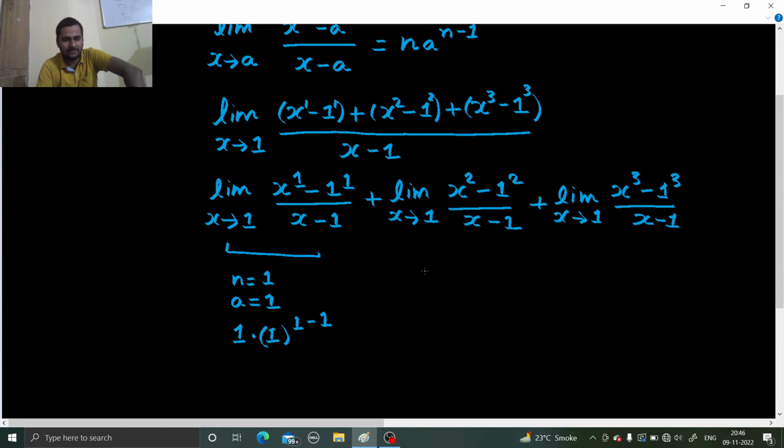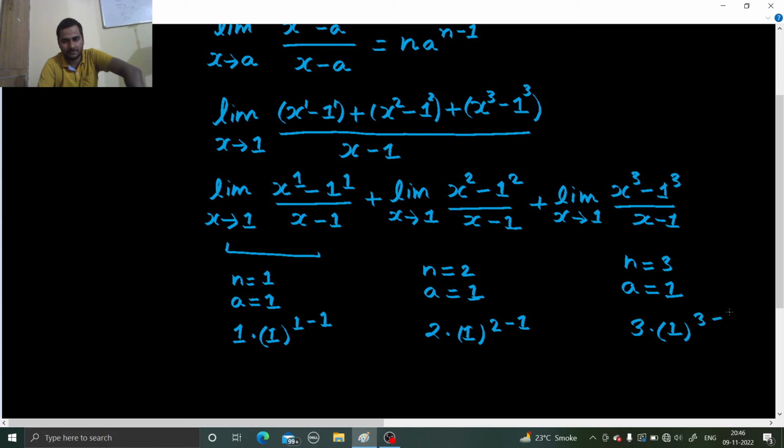Similarly, for the second one, n is 2, a is again 1. So I can write n a power n minus 1. For the third one, n is 3, a is again 1. So n a power n minus 1.